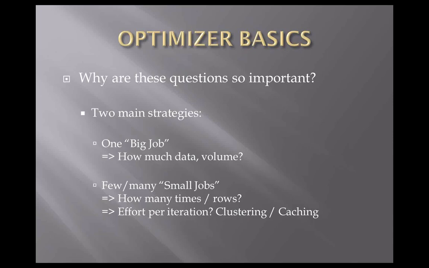So both things together tell you how much work you have to put into your small chop approach. And on the other side, you have the big chop approach. For the big chop approach, you need to know how much volume you have to process and how much data. And of course, the volume and the data is also determined by the how many rows question. So this is where these things come together.